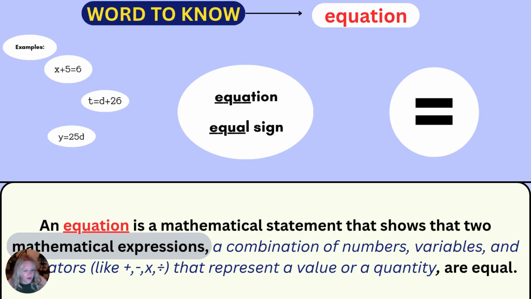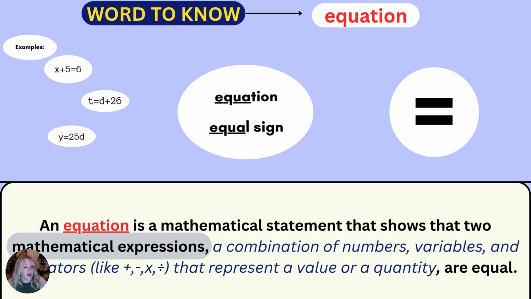Just in case you've forgotten, a mathematical expression is a combination of numbers, variables, and operators like addition, subtraction, multiplication, division that represent a value or a quantity. So we're looking at that equation as the mathematical statement that shows those two mathematical expressions are equal.